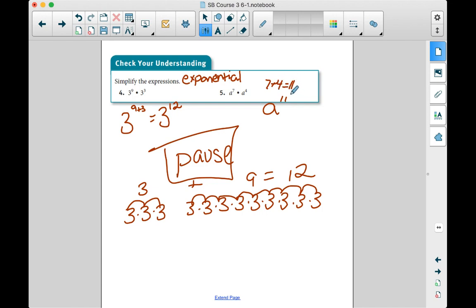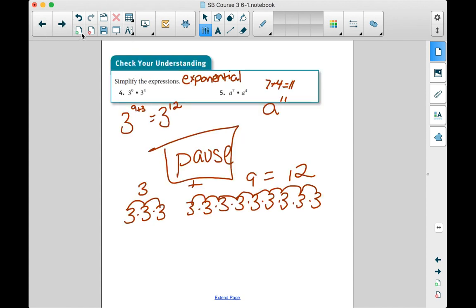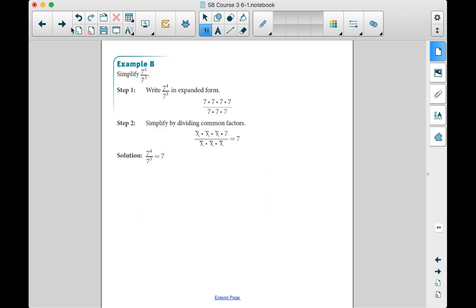Great. So now we have our multiplication with exponents with the same base. So now we're going to get into division. So it's important to note that for division, there's a couple things that we need to remember.